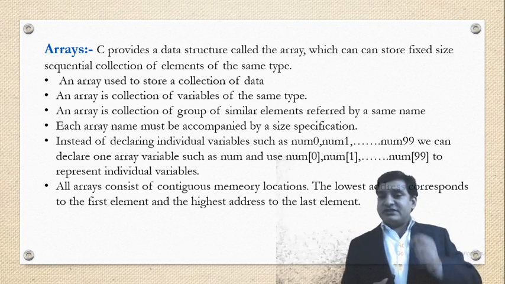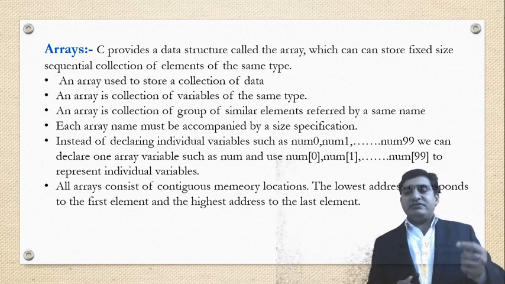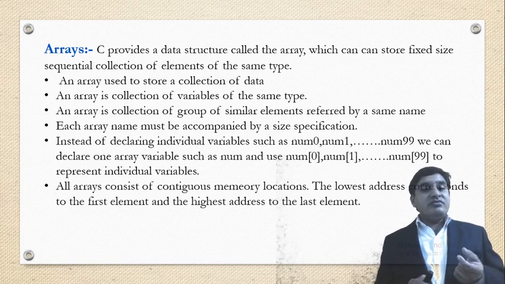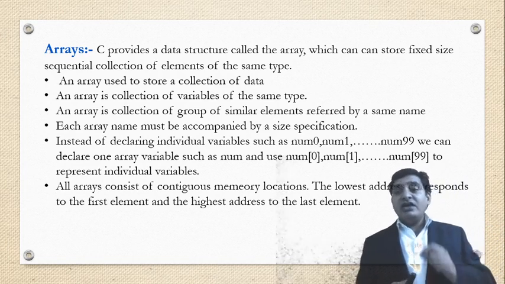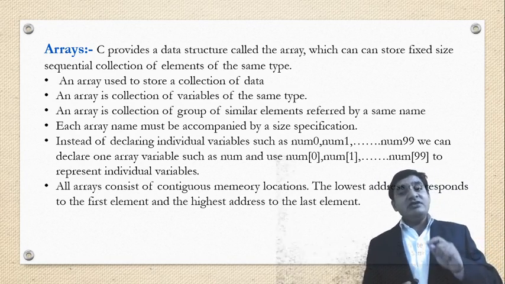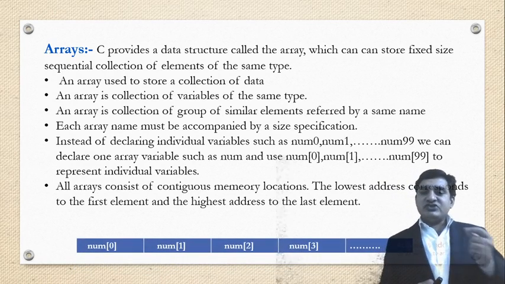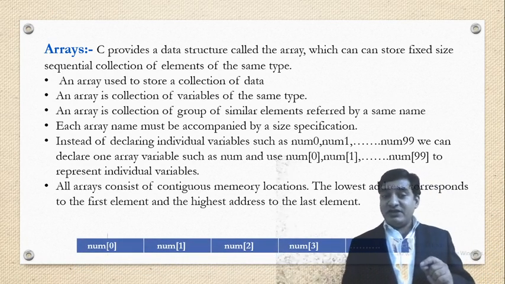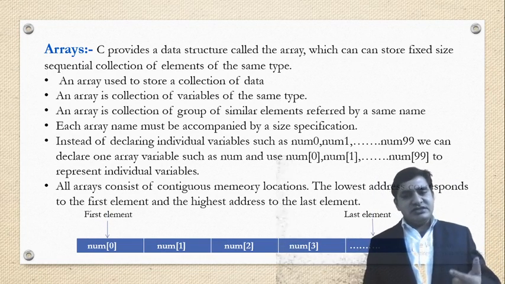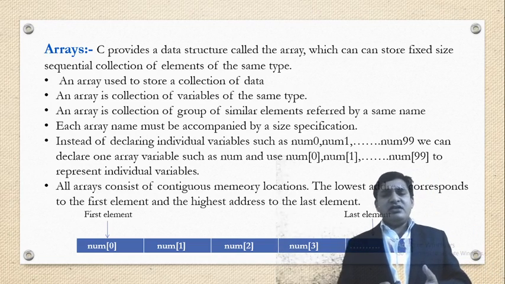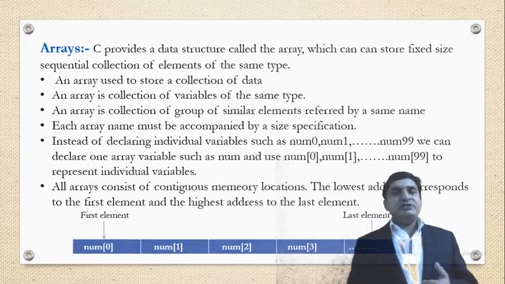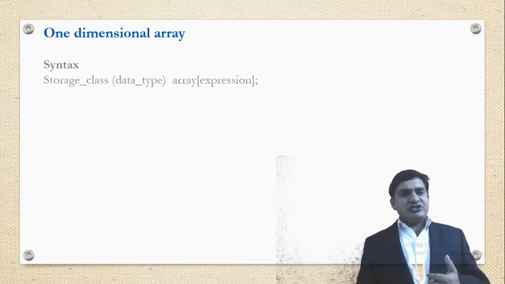In this example, num is the name of the variable, 99 is the last element and 0 is the first element. So num0 is the first element and num99 is the last element, or we can consider n number of variables.